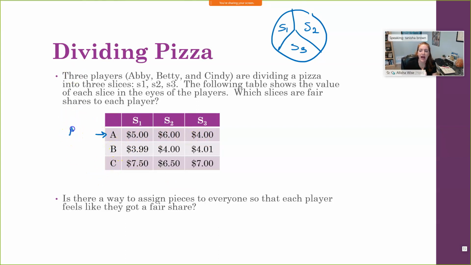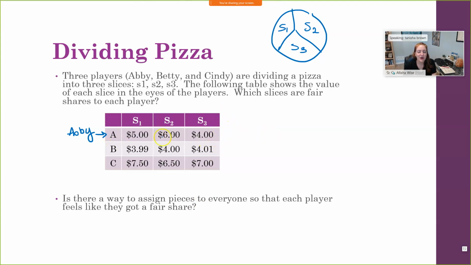What I mean by that is Abby says, if I were going to pay for these slices, I would give $5 for slice 1, $6 for slice 2, $4 for slice 3. Imagine these slices are humongous slices.